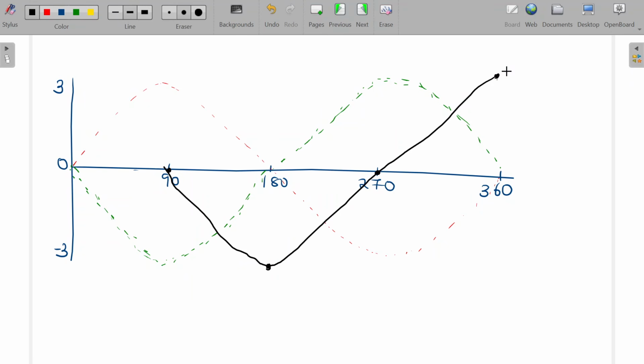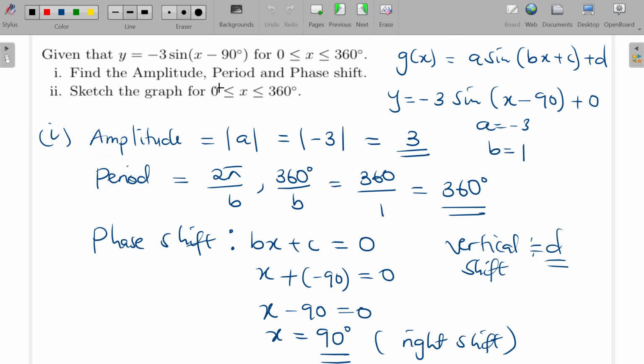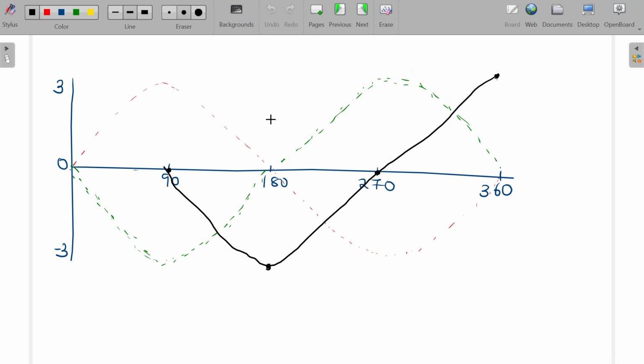The limit they gave us is from 0 to 360, where 0 and 360 are included. So you're going to come here and say from here we need to reach the 0. You're going to connect this point because you know that it's going to go up.